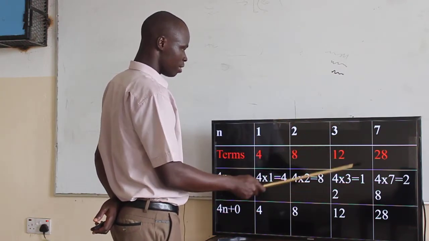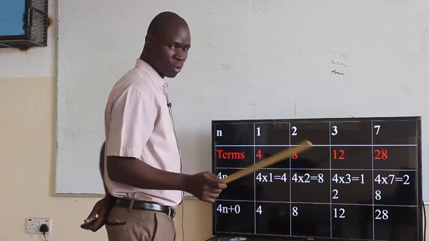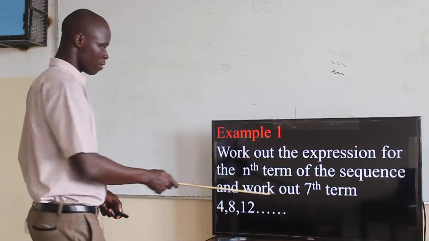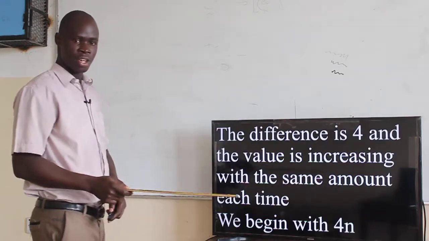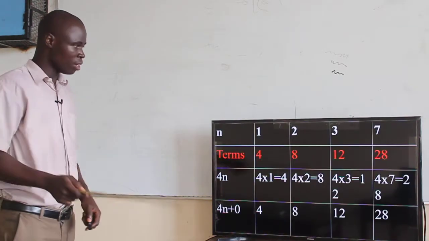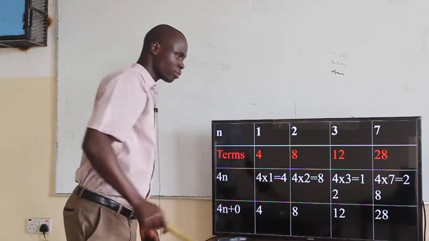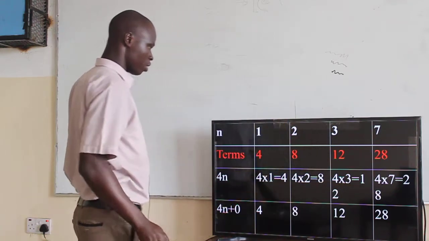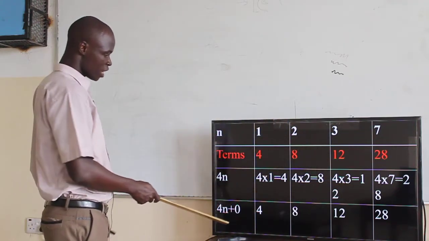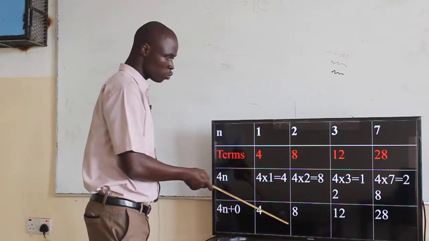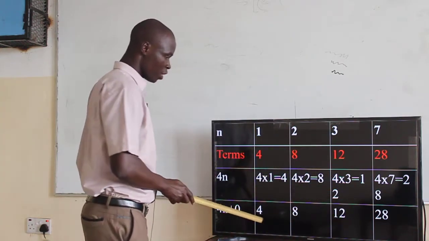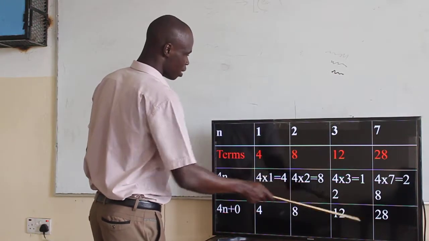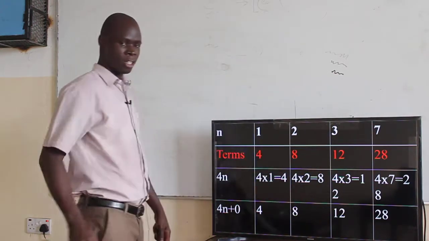And when n is 7, because we are told that after finding that, you are supposed to calculate the 7th term, we include it here. We are going to have 4n equal to 28. After that, we are just adding 0. If you add 0, the number remains the same. After filling this column, you can then duplicate what you have here to this column here.